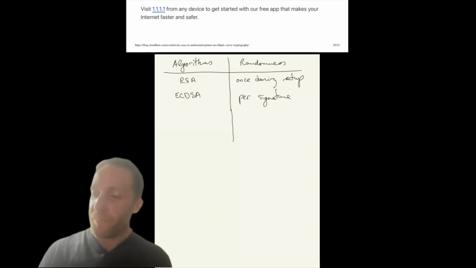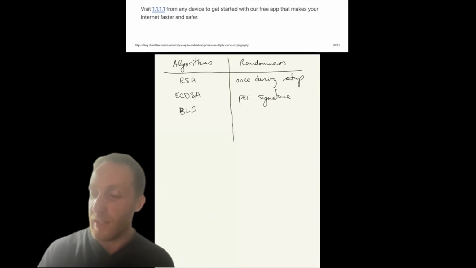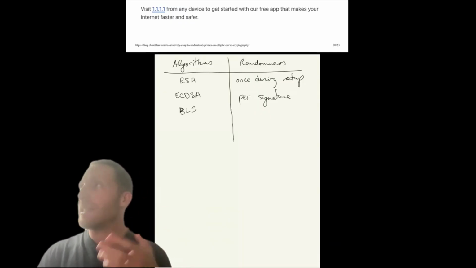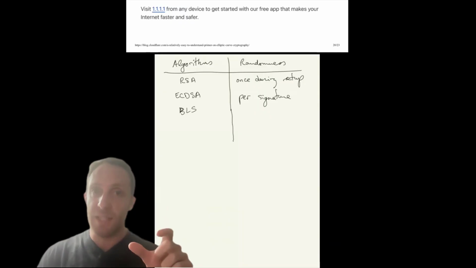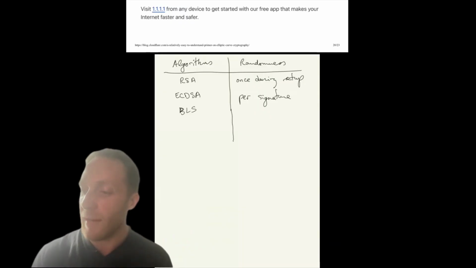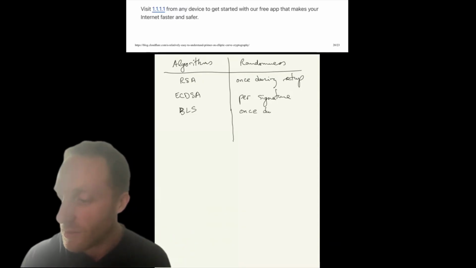One thing that we'll look at in the next video is BLS signatures, meaning a signature using an elliptic curve that has the additional pairing structure. When you have that, you can do multi-signatures and threshold signatures, and it basically gives you back the randomness once during setup.